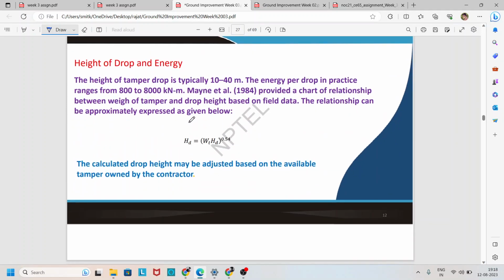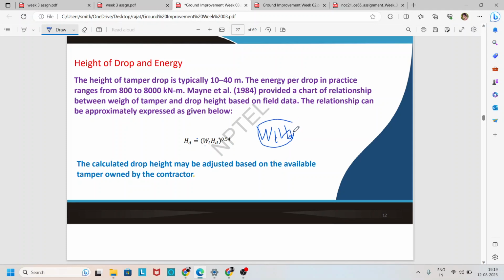In the next slide, we discuss the height of drop. What height of drop do we need when we apply a certain amount of energy? To find out this height of drop, one empirical formula is given. It is the applied energy to the power 0.54. Here the applied energy is W T times H D, where WT is the weight and HD is the height of free fall.